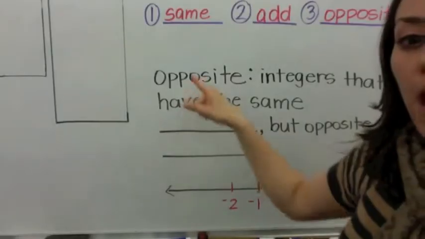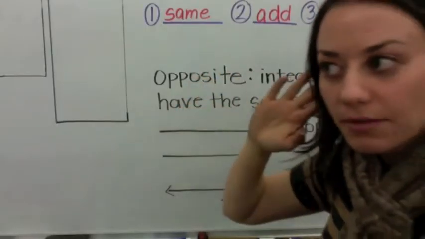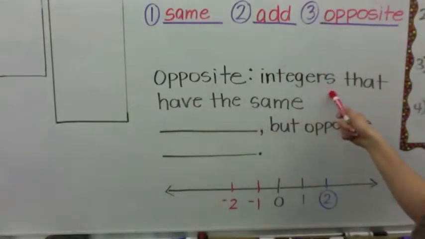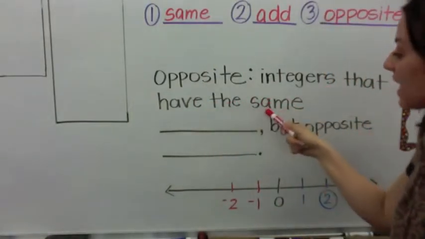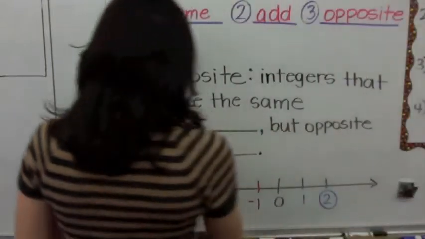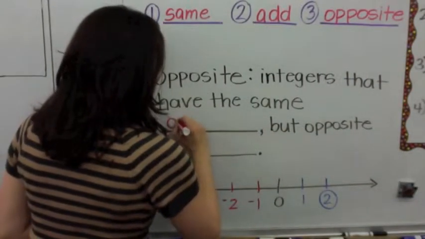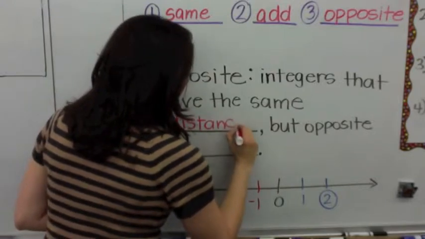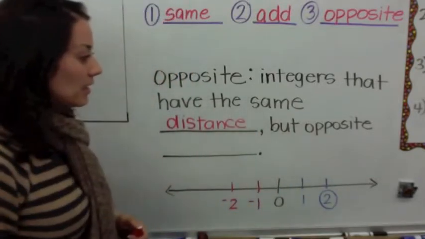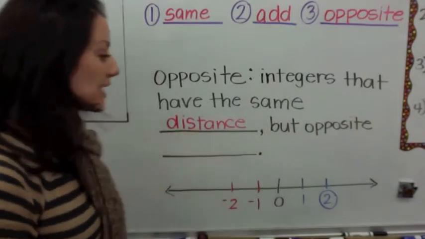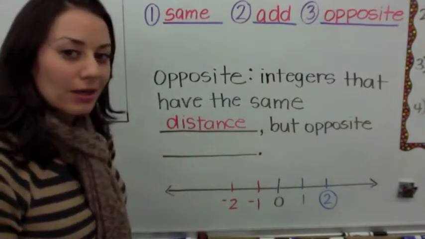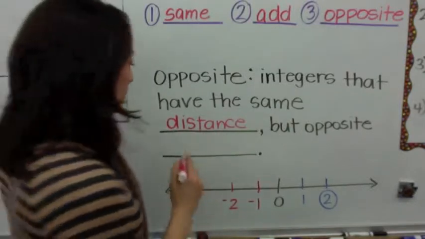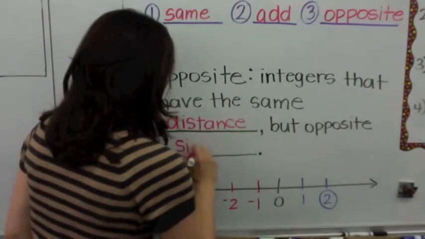Opposites are integers that have the same distance from 0 on the number line, but opposite signs.